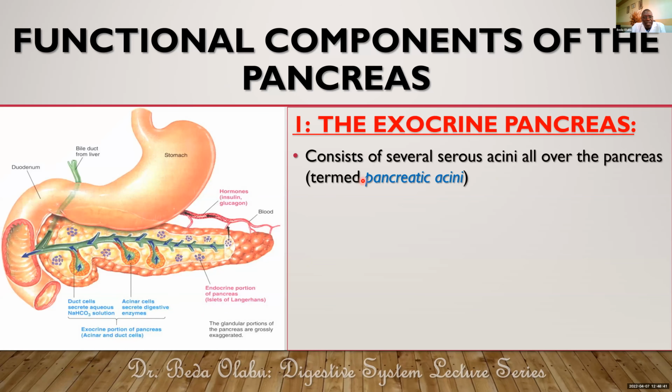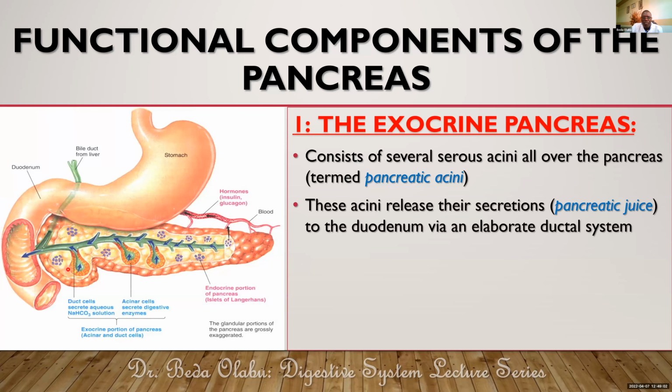The exocrine pancreas consists of several serous acini, which are found all over the pancreas. Now you know the meaning of acini, you know the meaning of serous. So this is one acinus, that's another acinus. They are the ones that produce pancreatic juice into the ductal system that eventually is transported to the duodenum.